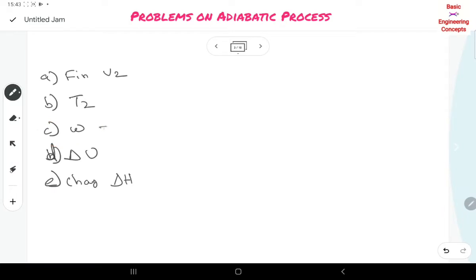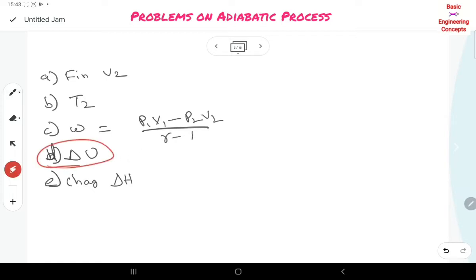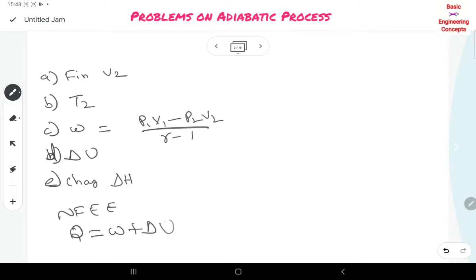So W is equal to the formula P1 V1 minus P2 V2 by gamma minus 1. In the adiabatic process, from the first law equation, Q is equal to W plus delta U. As it is an adiabatic process, the heat transfer is 0, that is W is equal to minus delta U. Once you calculate W, the internal energy is the minus of W. What about the enthalpy?